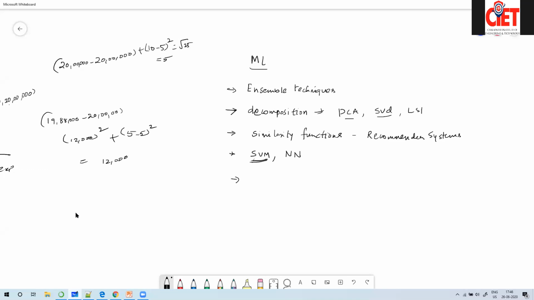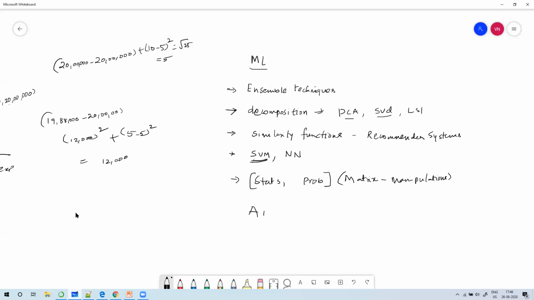Somewhere in between, to understand these concepts, you have to understand statistics, and you also have to refresh your concepts of probability, and especially linear algebra and matrix manipulation. How do we compute matrix manipulation? If you are familiar with this, then come the most advanced topics in AI, which start with neural networks.